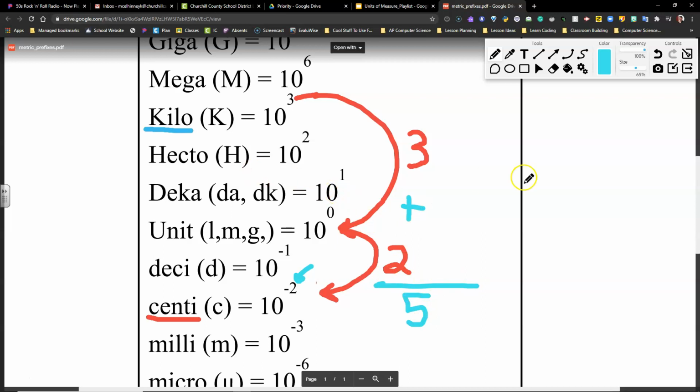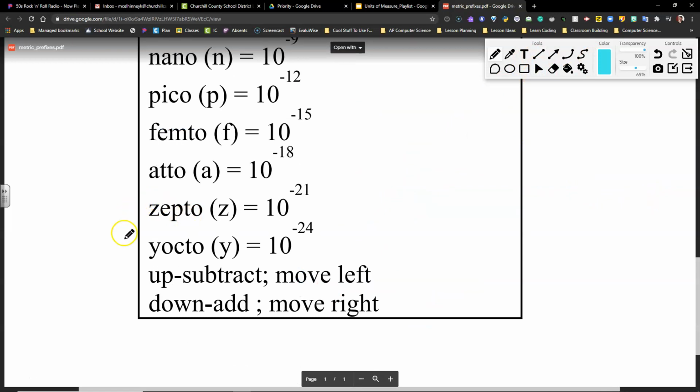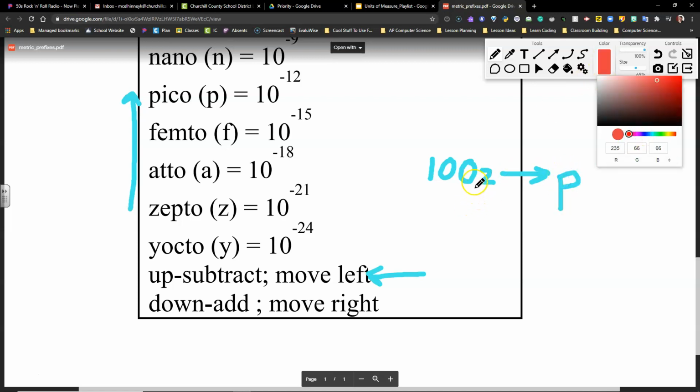You'll get one of these charts, but what it shows us is if I'm moving up the chart, so let's say I'm going from zepto to pico, that's moving up the chart. I move the decimal place left. So if I had 100 zepto, which is Z, and I want to convert that to pico, which is a small p, I'm going to take the decimal place, in this case right here, and move it.